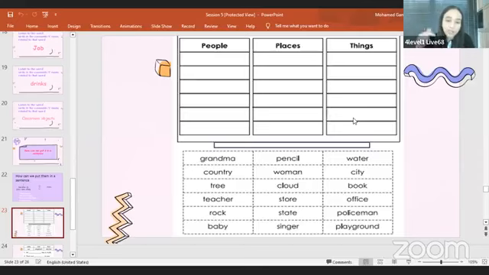So in the comments, write people. Next to it, write all the nouns that are related to people. And then places, what are the nouns related to places from this list? And the last thing is things. So all nouns related to things.